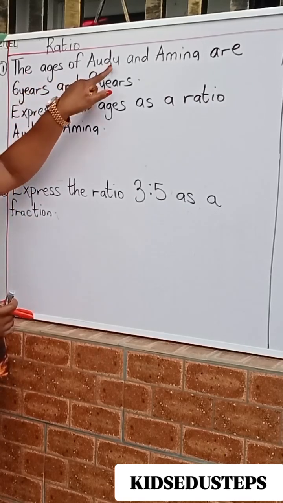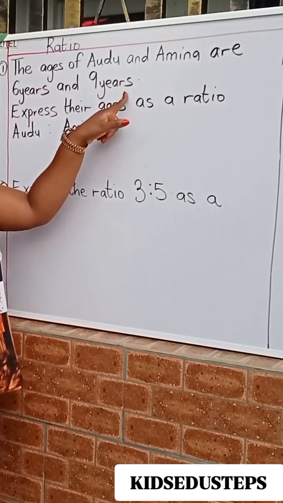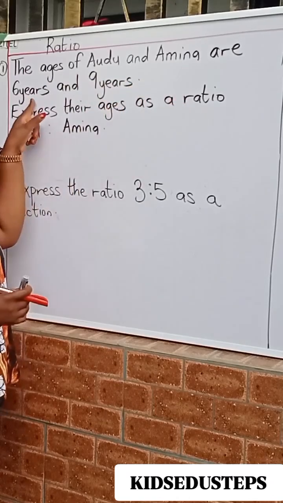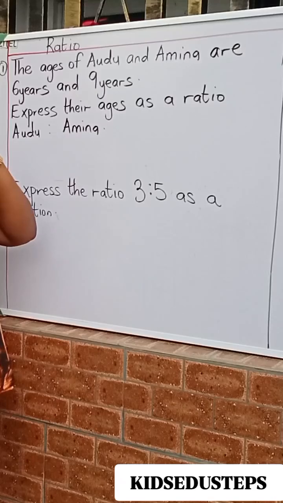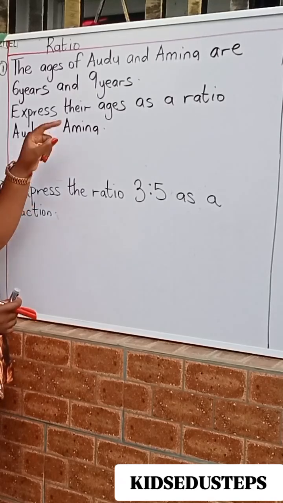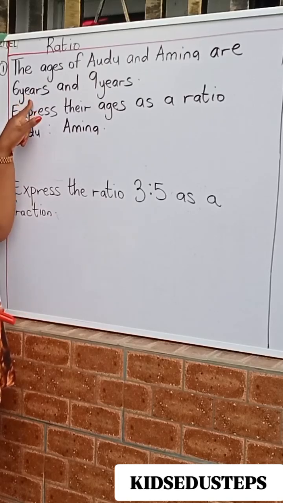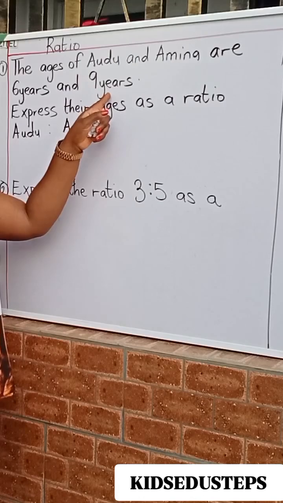The ages of Audu and Amina are 6 years and 9 years. Now, let me show you something. This first name, Audu, has the first age, while the second name, Amina, has the second age.